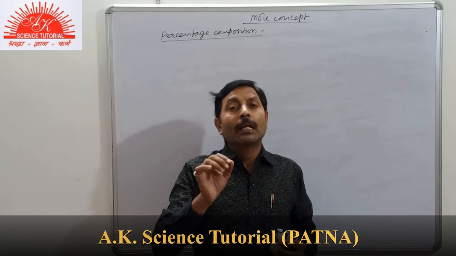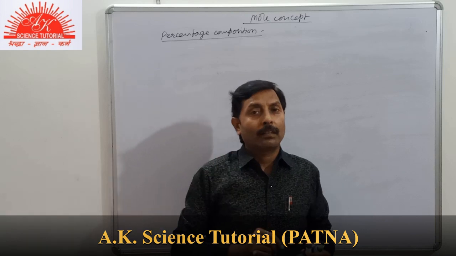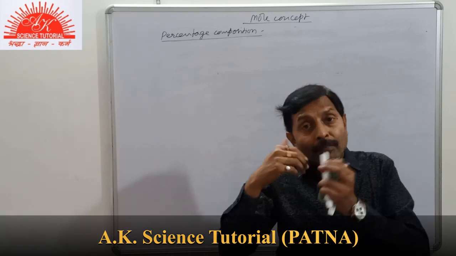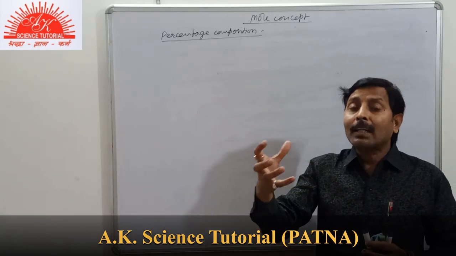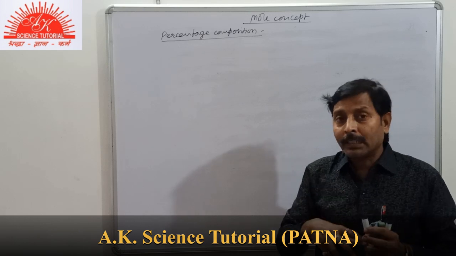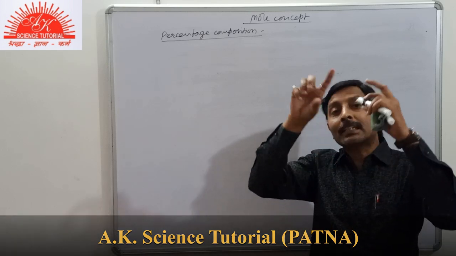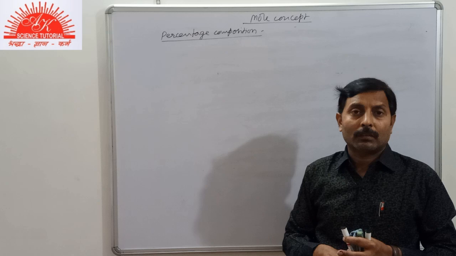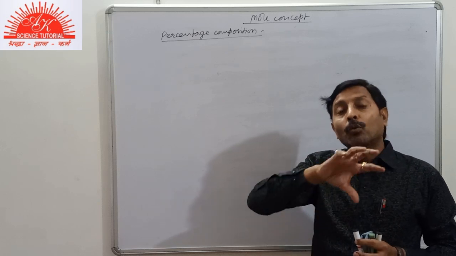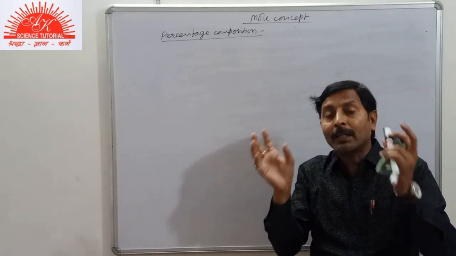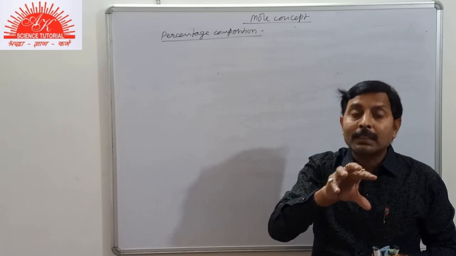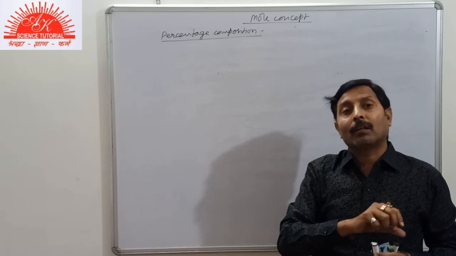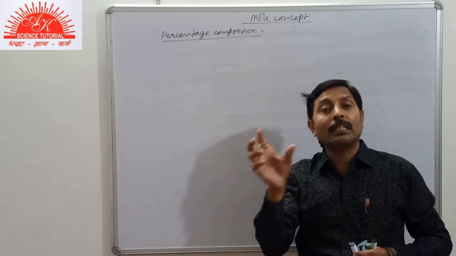Percent means per every 100, means we have to know what part of a quantity is present in its 100 parts. Means out of a total 100 parts of any material, what part of any individual substance is present.